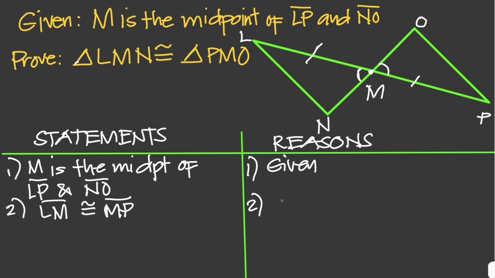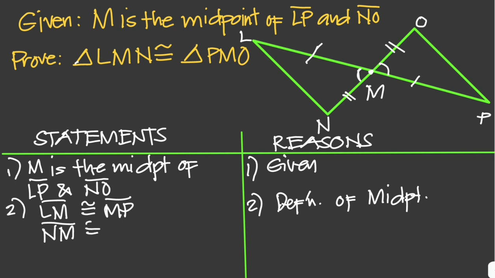Our reason would be definition of midpoint, as well as NM and MO. So segment NM is congruent to segment MO. The same reason, definition of midpoint.